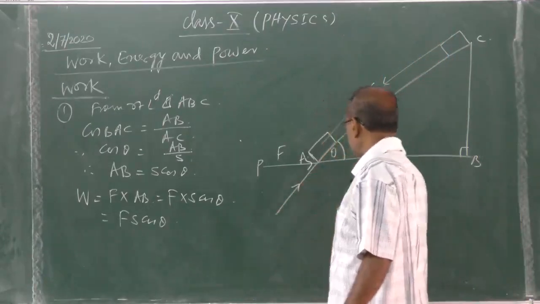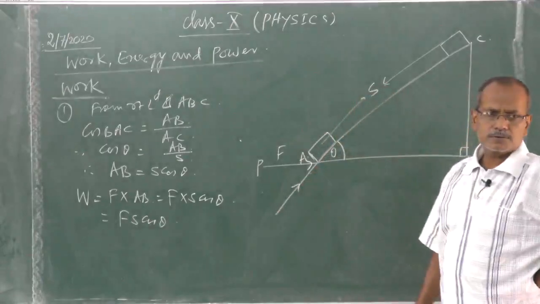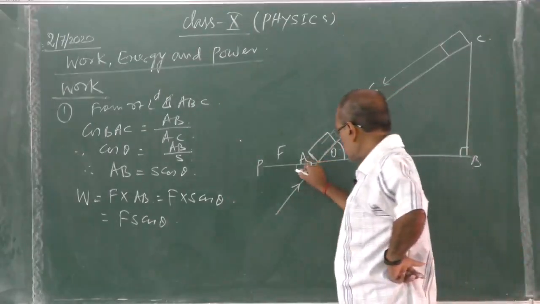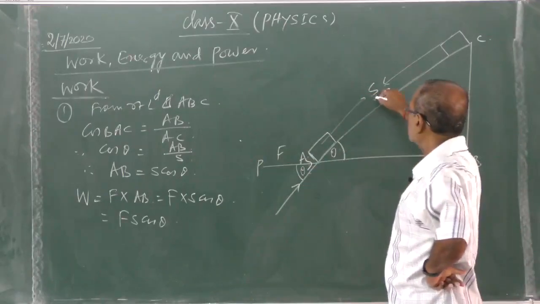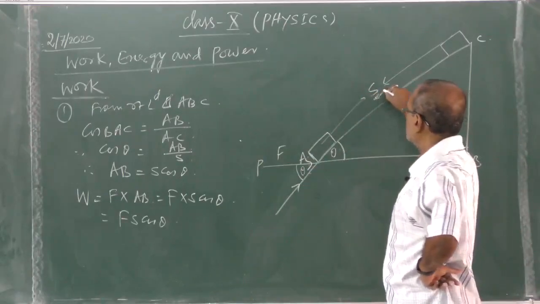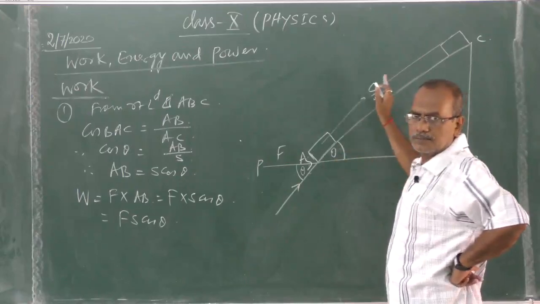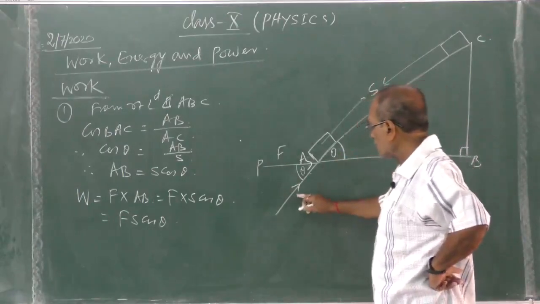It means we will find the force in this way. So then this angle must be theta. Now force and the displacement S, both directions are the same. So how much force is along this?